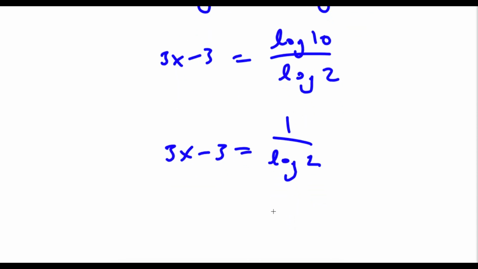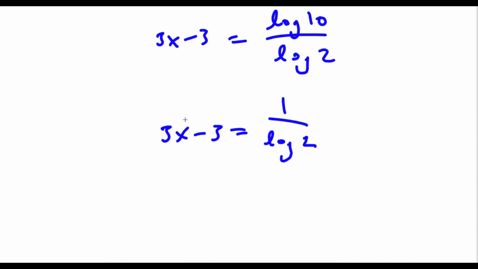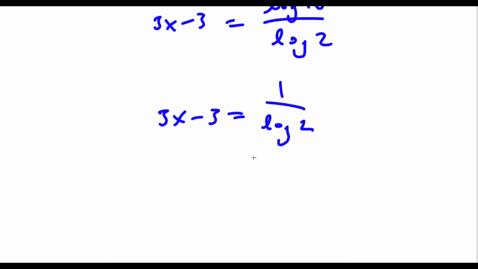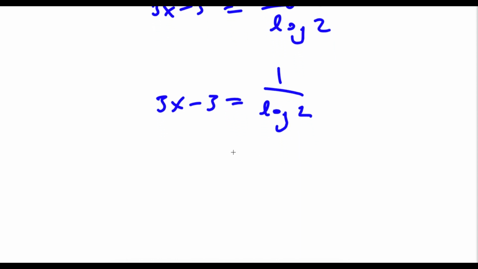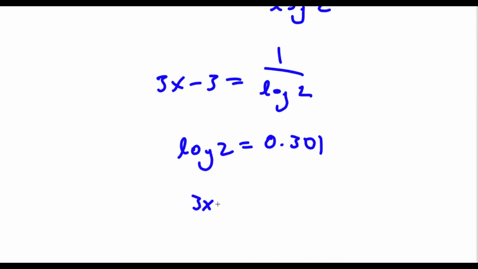And now I'm going to rewrite this as, well, first off, log 2 here, this is equal to 0.301. So now I have 3x minus 3 is equal to 1 over 0.301.